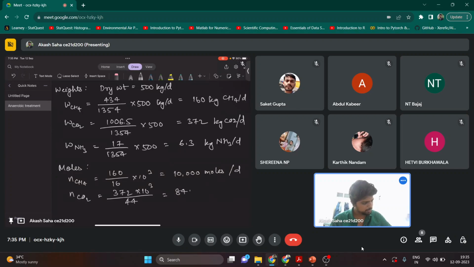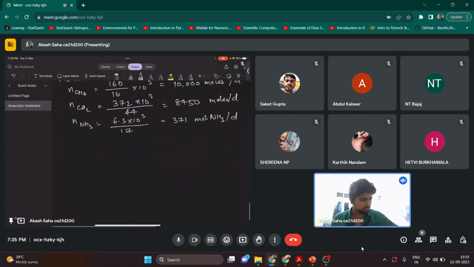So it will be 8450 moles per day, and NH3 will be equal to 6.3 into 10 to power 3 divided by 17. It will be equal to 371 mole NH3 per day. So in that way, we have found out the weights and the moles of each of the gases produced.